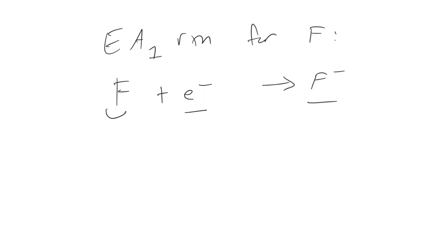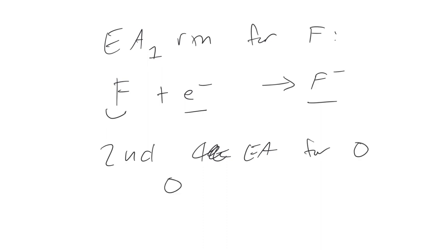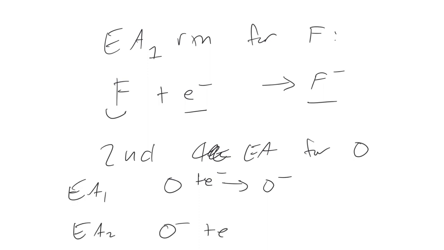So if you wanted to write the second electron affinity for O, O's first would be O plus an electron going to O minus. This is the first, so that's the EA1. And the EA2 would be O minus absorbing the second electron to go to O2 minus.